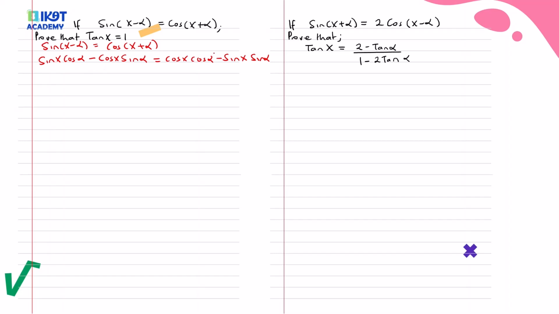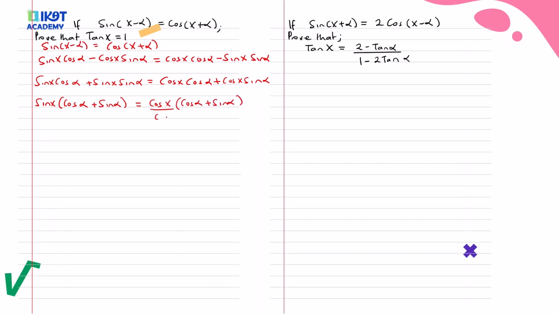So here I have sine x, here I have sine x. I'm going to bring that to this side. This becomes sine x cos alpha plus sine x sine alpha is equal to cos x cos alpha. I'm also going to bring this to this side, plus cos x sine alpha. So I can now factorize out sine x on this side, so I remain with sine x into (cos alpha plus sine alpha) equal to cos x in brackets (cos alpha plus sine alpha).